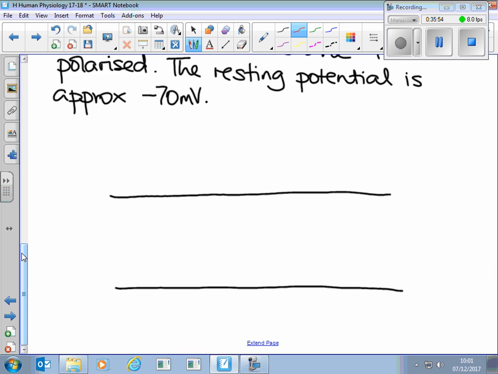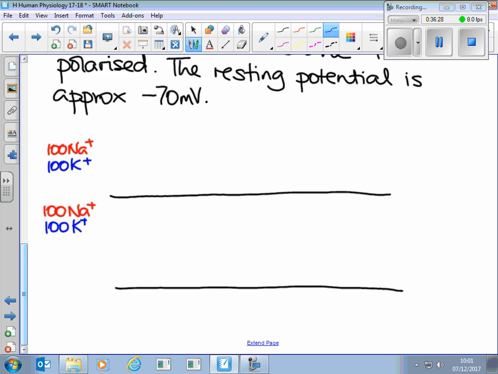Now I'm going to use two colours for the two ions. Outside the cell I'm starting with 100 sodium ions, and inside I'm also starting with 100 sodium ions. Outside I'm starting with 100 potassium ions, inside also 100 potassium ions. So the charge inside and outside at this point is equal.